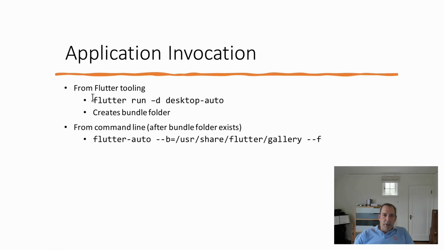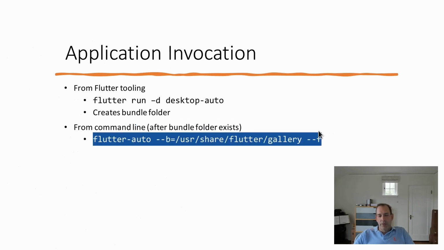And to invoke the application, we can run flutter run -d desktop-auto, and that will create the bundle folder and execute flutter-auto, and you will see the gallery on your screen. If you want to do this manually after the fact, or if you want to execute it on the device and it's not currently running, you can use this command.